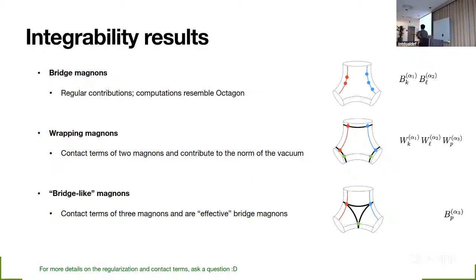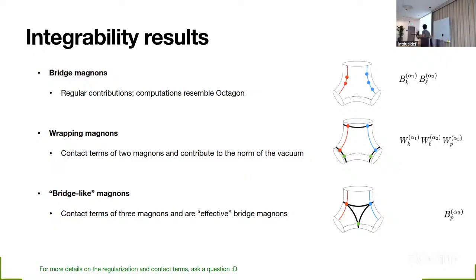But in our case, it's much simpler than looking at excited states in the twisted theory, because immediately you have lots of complications when you can also have magnons on this part or this part or this part.